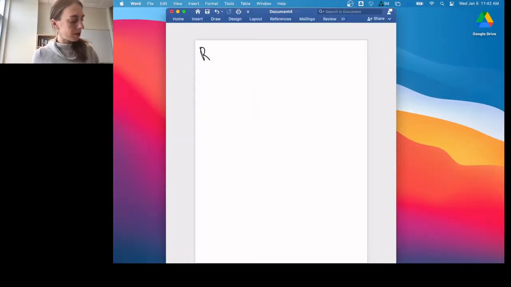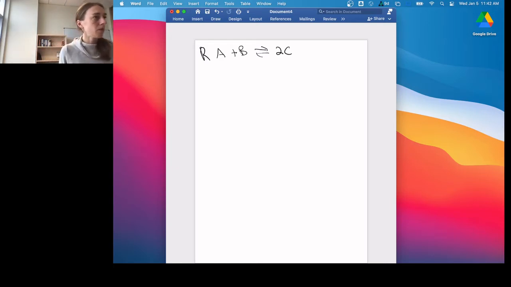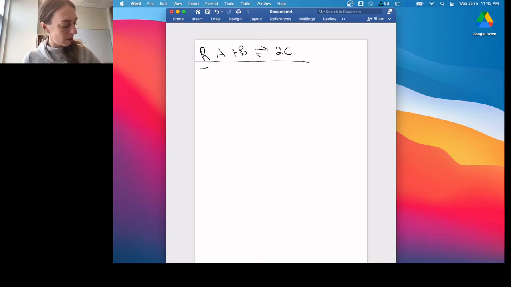Okay, so we want to start out by writing our reaction. And in this case, we had a generic equation, A plus B yields 2C. Okay, so then after that, we need our initial concentrations of each of these substances.